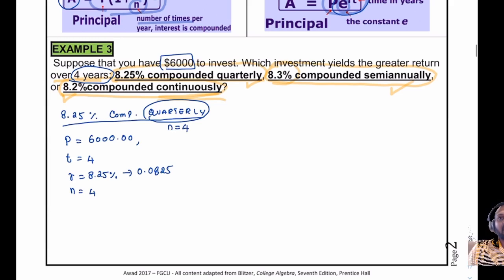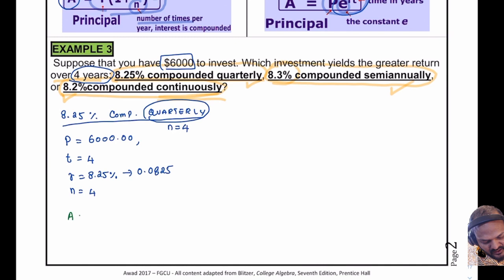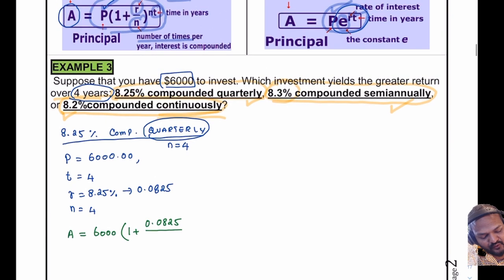So if I plug all this information into my formula, you would agree that I'm going to have A equals 6,000 times 1 plus 0.0825 divided by 4, because n is 4, raised to n times t, where the number of years is also 4.